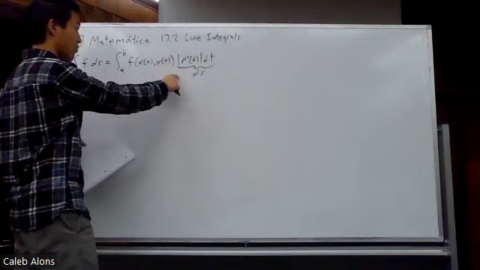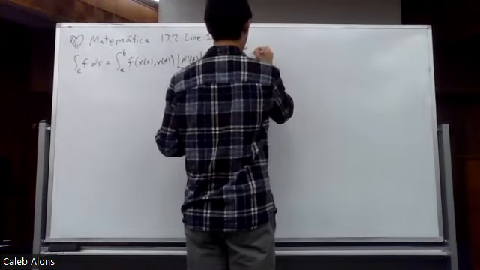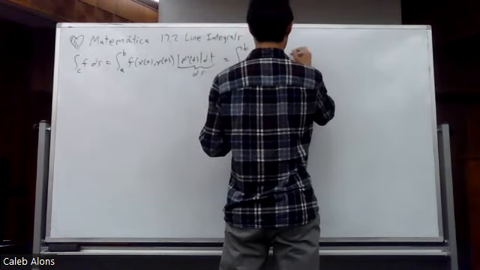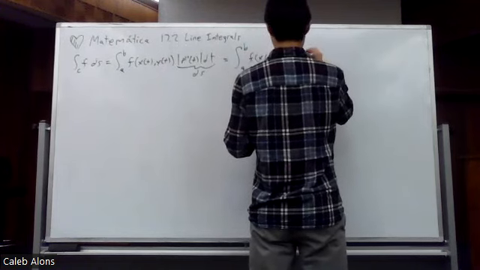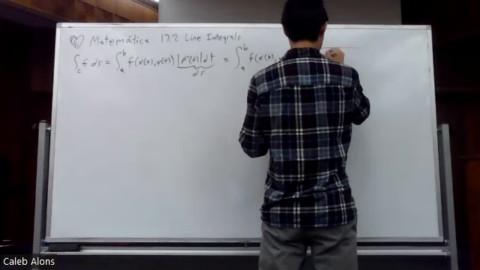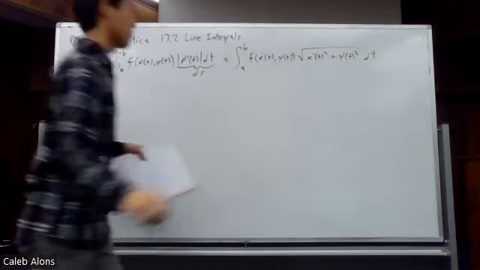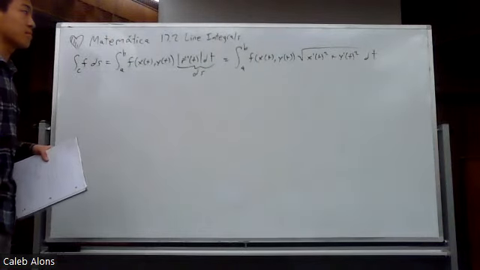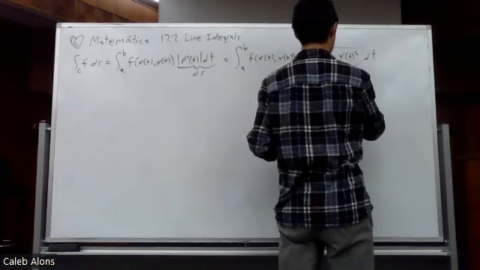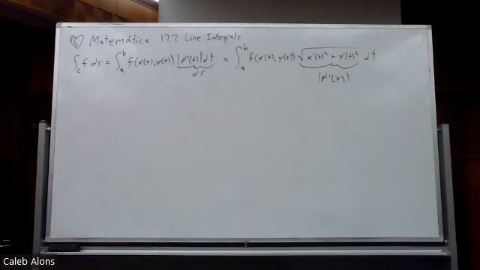And so the magnitude formula, if you just remember, we would have the integral from a to b of f of x of t, y of t, times the square root of x prime of t squared plus y prime of t squared. Because then this right here, if you remember the definition, is ds. So don't forget your definitions, they're important.